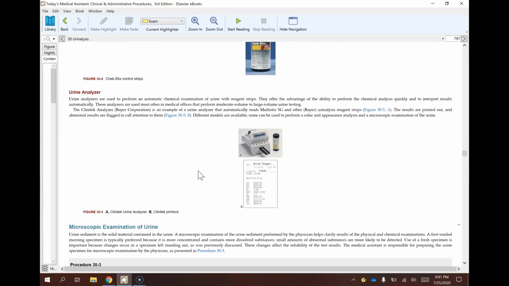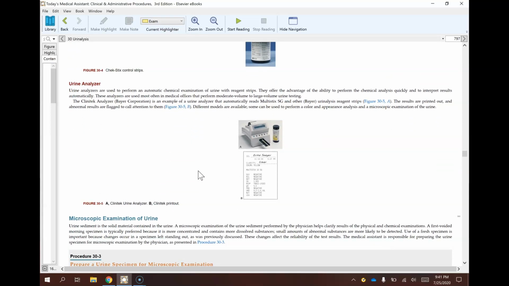Okay, so here's the cool machine I told you about that you can simply pour the urine sample onto the dipstick and then stick it in a urine analyzer. And this automatically does what you're doing with the timer and your dipstick in the lab.